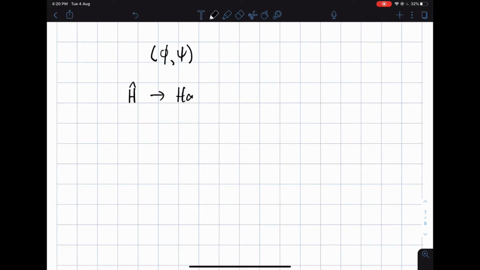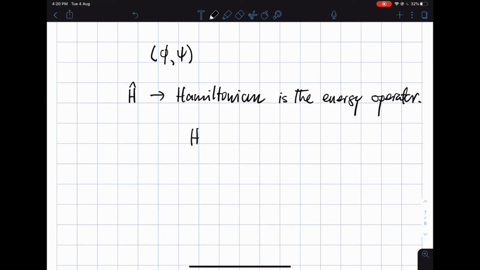So the Hamiltonian is the energy operator. And let's look at the eigenvalue equation of the Hamiltonian. The eigenvalue equation of the Hamiltonian is nothing but the time-independent Schrödinger equation.